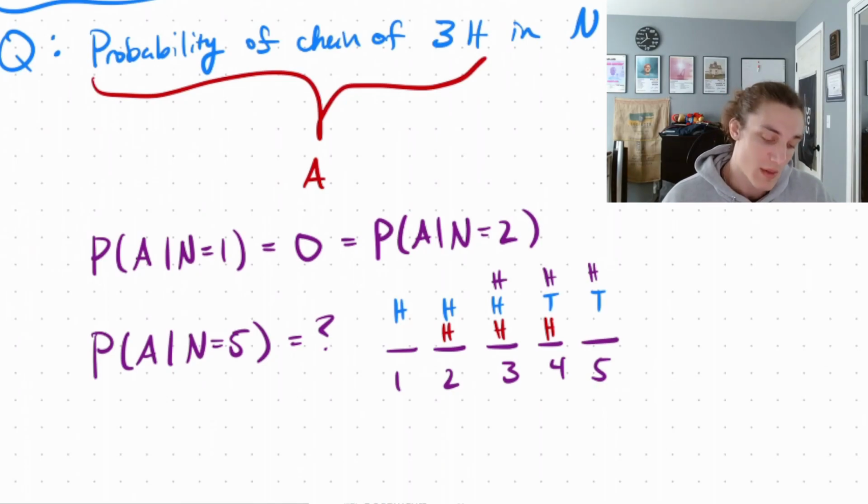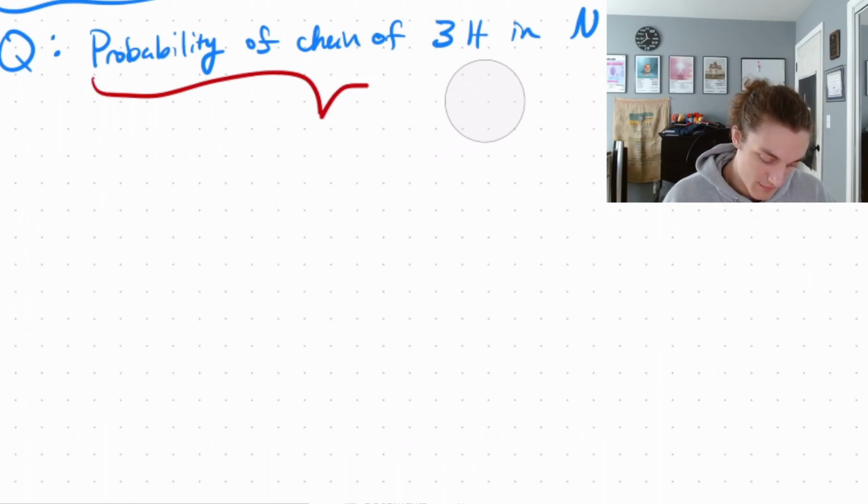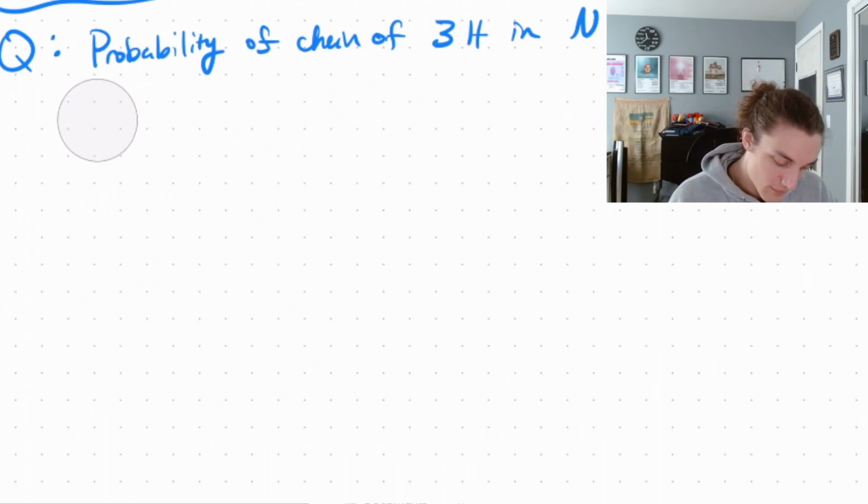What should we do? Well, we're going to introduce this idea of a Markov chain. So I'm going to get rid of these conditional probabilities. What is a Markov chain?